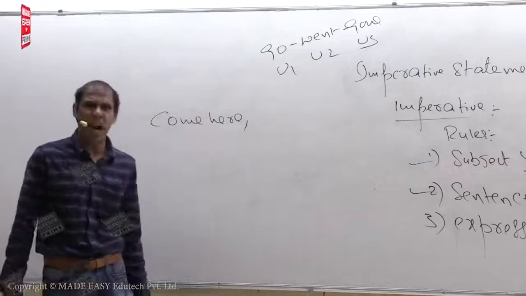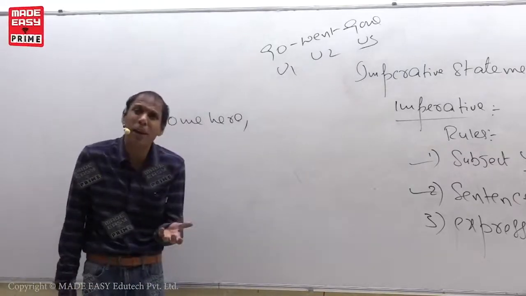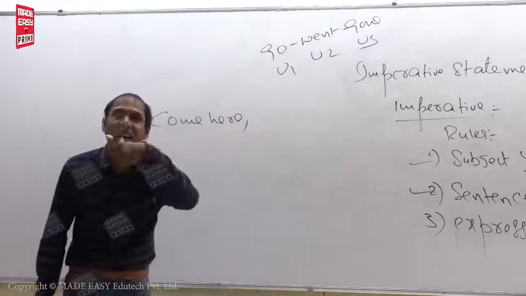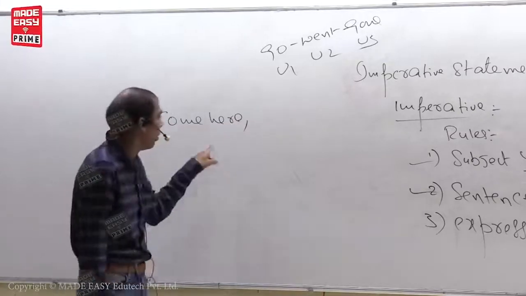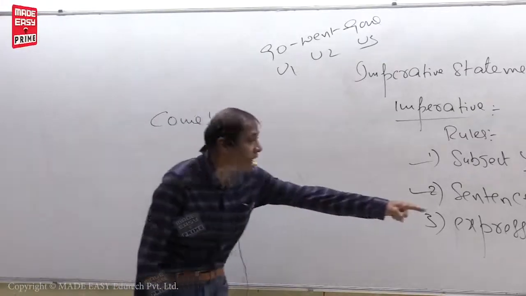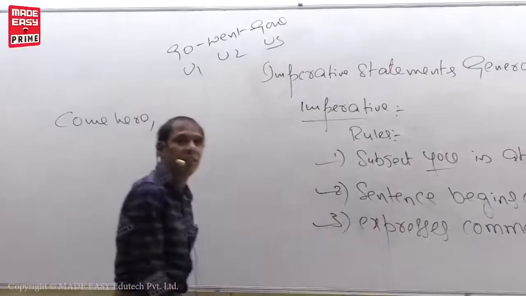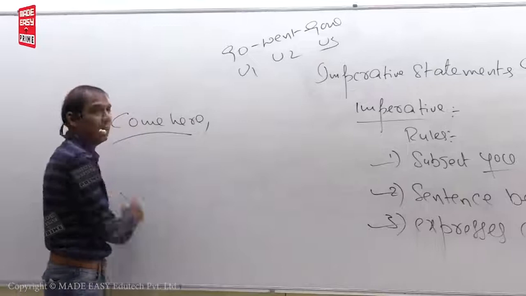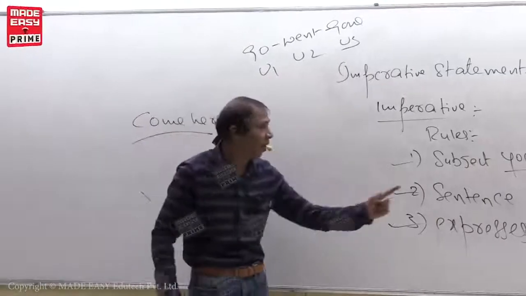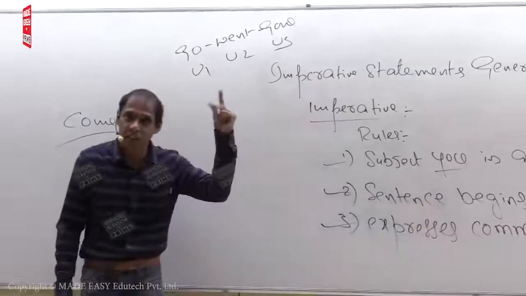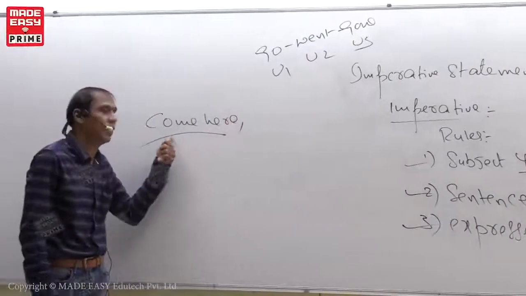See, come here, command, come here, request. Just by changing the expression of the face, you can say this sentence in the form of command as well as request. Rule number three is satisfied. A sentence that is satisfied with these three rules, that sentence is called imperative.